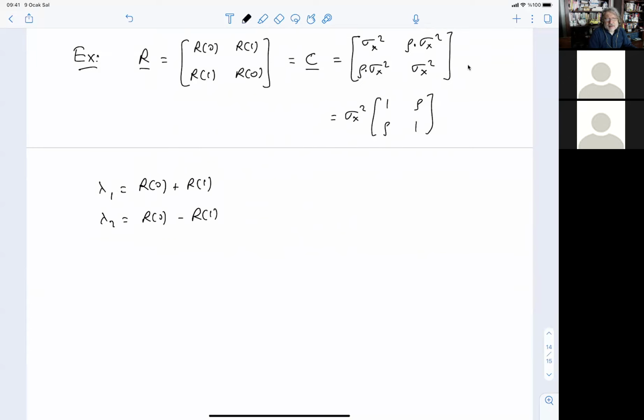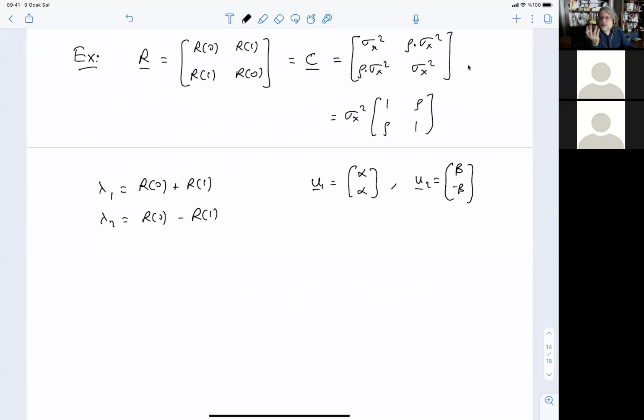If R1 is positive, if the two neighboring coefficients are positively related, then lambda 1 will be the larger one and lambda 2 will be the smaller one. And the corresponding eigenvectors are U1 will be equal to alpha and alpha, and U2 will be equal to beta and minus beta. I'm not giving specific numbers for this alpha and beta here, because they are just arbitrary.